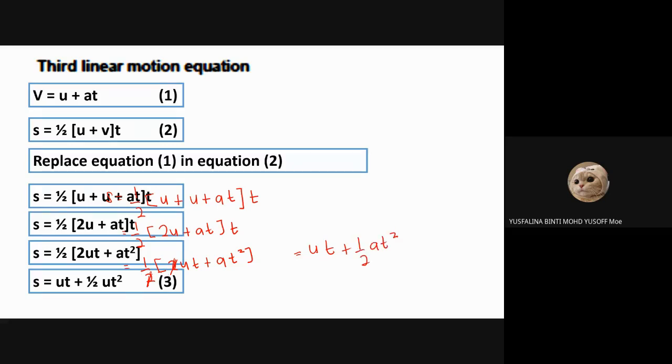You just multiply like this, expand it: half, 1 over 2 multiplied by 2ut, so you can just cut it off, so only ut is left, and then half at squared. So this is the third equation. Are you clear? Do you want me to explain again for this one?